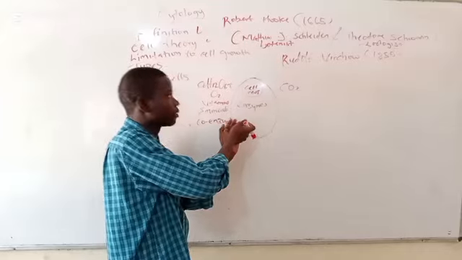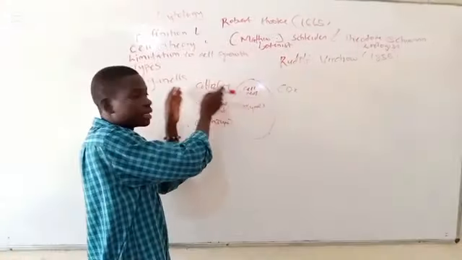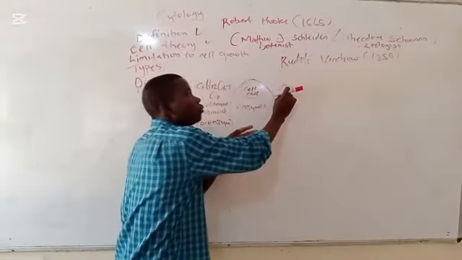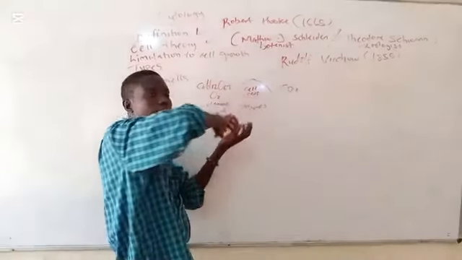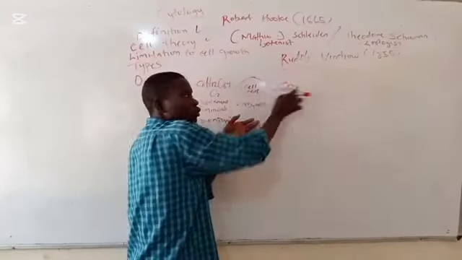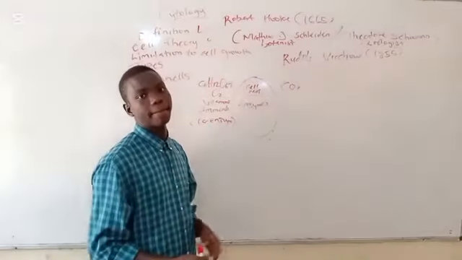And likewise, if after glucose and oxygen gain access into the cell, the waste product formed, which is carbon dioxide, is not able to get out of the cell fast enough, then the accumulation or buildup of this CO2 will cause the cell to die.